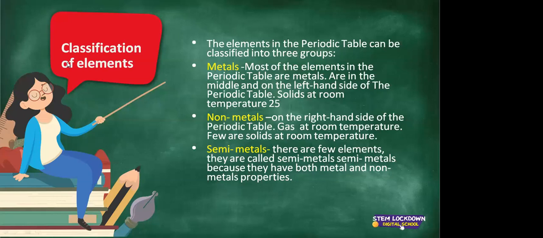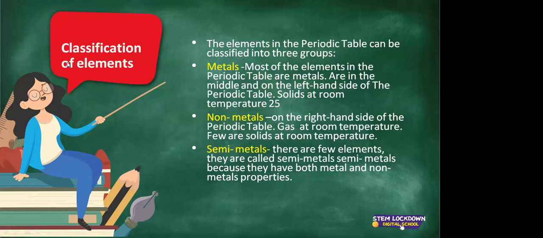They are all solid at room temperature, which is 25 degrees Celsius. Non-metals are on the right-hand side of the periodic table. They are mostly gases at room temperature, and a few are solid. Room temperature is 25 degrees Celsius.